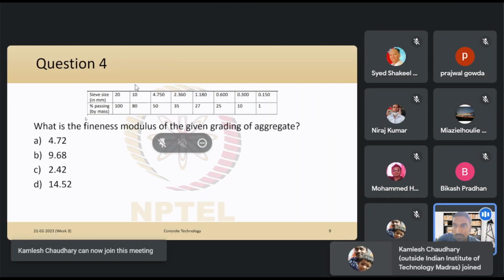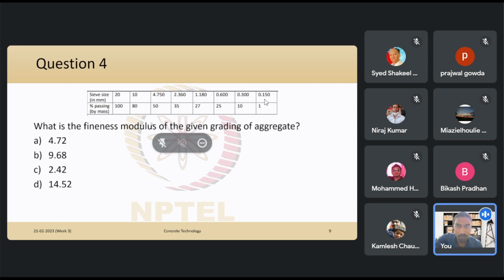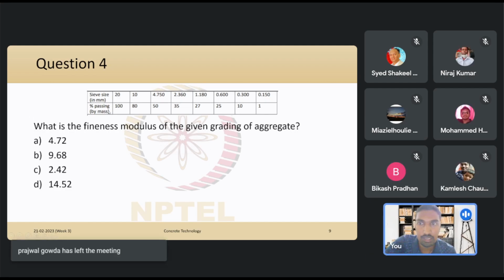So here again we are given a particular grading, with different sieve sizes from 20 mm to 150 micron, and we are given the percentage passing through these different sieve sizes, right? The question is, what is the fineness modulus of the given grading of aggregate?